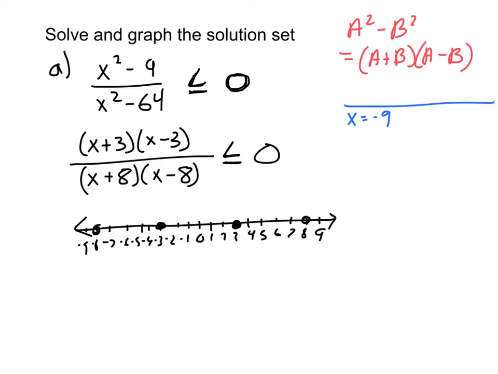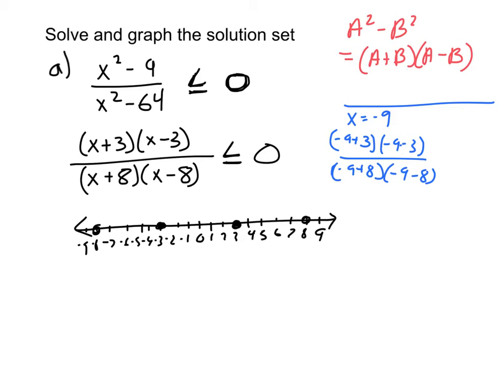So I just need to know, is this going to be positive or negative? If I have x equals negative 9, I have negative 9 plus 3, and negative 9 minus 3, and then negative 9 plus 8, negative 9 minus 8.